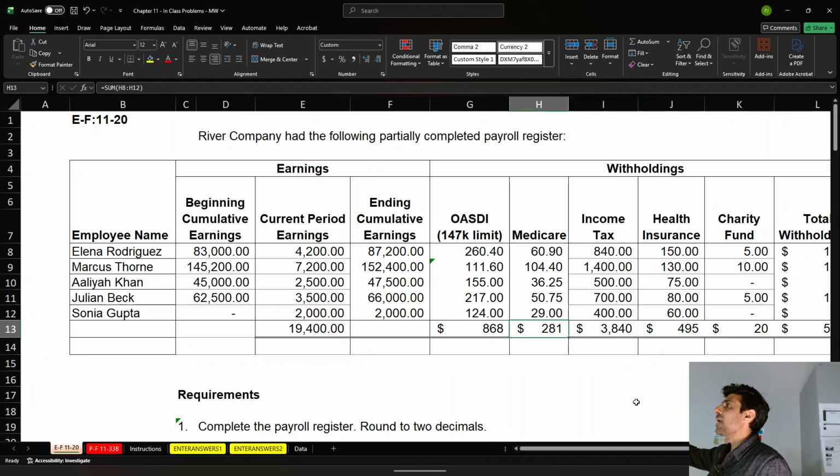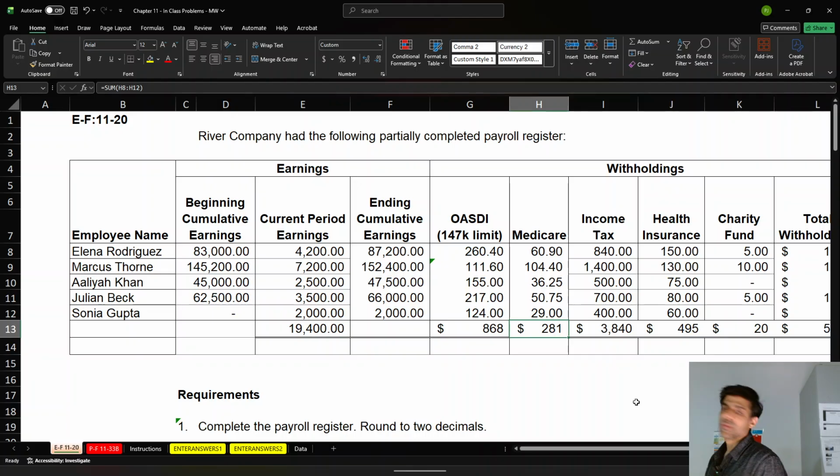We only owe it for one employee who looks like a new employee, so they haven't yet earned $7,000 from us during the year. So don't think that the other employees got away with it or that I, as the employer, didn't have to pay for them. I just already did it at the start of the year, because you can see their starting earnings is above 7,000. This is probably late in the year, whatever this paycheck is.